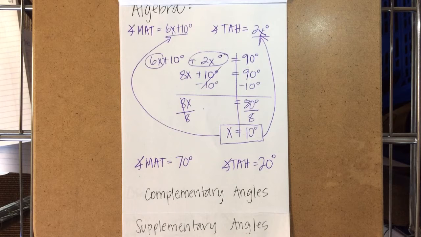Last one. Supplementary. Two adjacent angles that have a sum of 180 degrees.